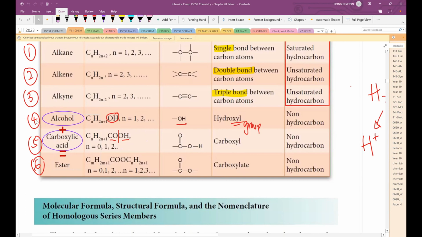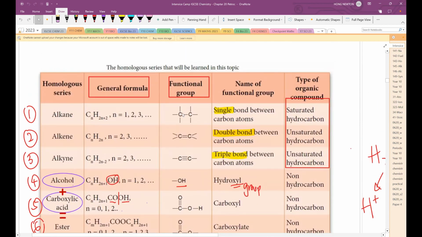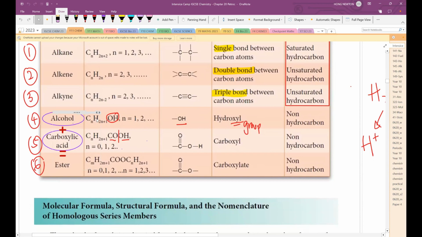So groups 4, 5, and 6 are not hydrocarbons because they have extra oxygen. Hydrocarbon means only carbon and hydrogen. This one is carbon, hydrogen, oxygen.